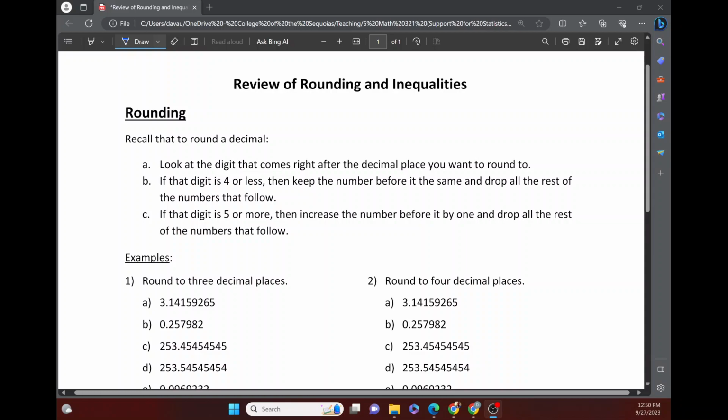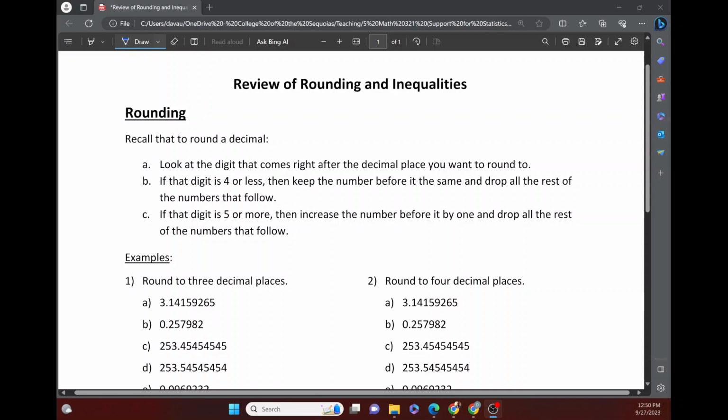And so I thought it would be worthwhile to review a little bit about how rounding works so that we can round our p-values correctly, and then review how to compare decimal numbers so that we can make the appropriate comparison of our p-value to the level of significance.